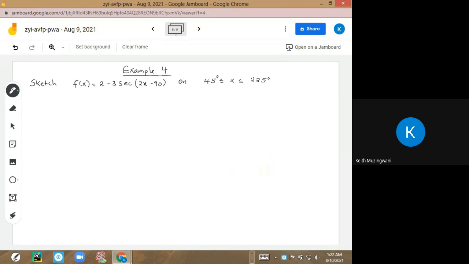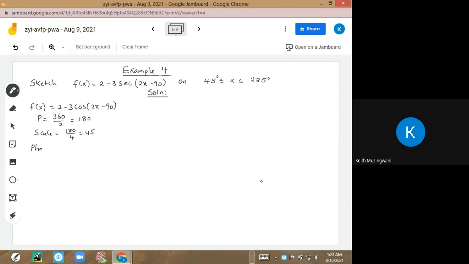So again, when sketching sec, you work with cos, so obtain every property using cos. The period is 360 over 2, giving us 180. The scale is 180 over 4, giving us 45.